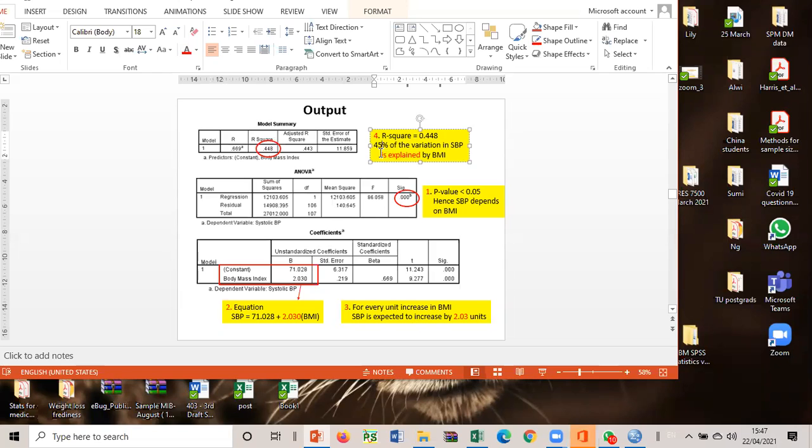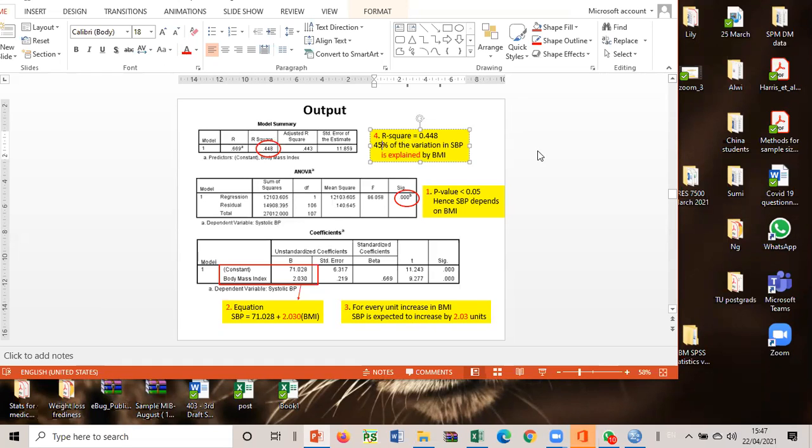We are partitioning the two: the explained variation and the unexplained variation. We divide the 12 something by the 27, and you get that value. So 45% is explained, and the balance of 55% is unexplained.